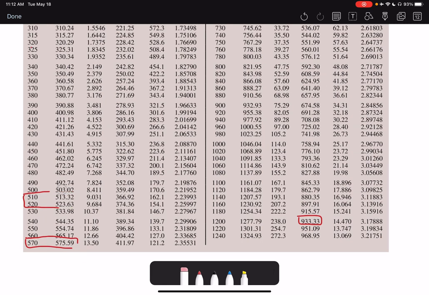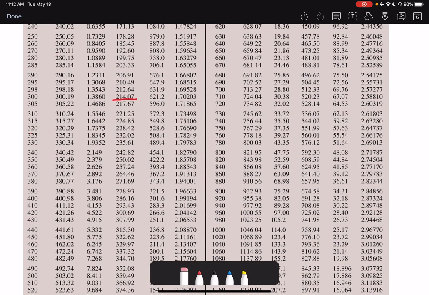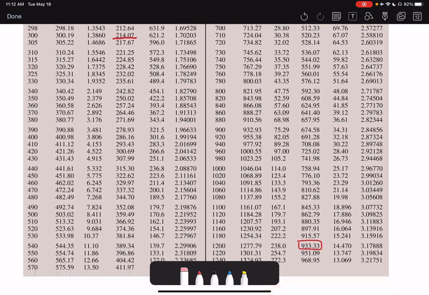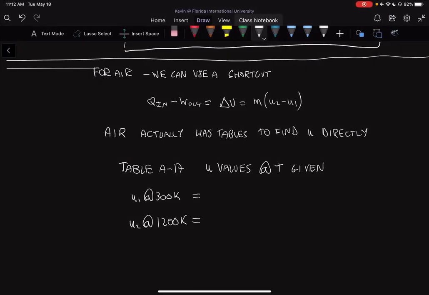Okay, so ignore these here, but the other U would be 933.33. So we have our two values, 214.07 kilojoules per kilogram and 933.33 kilojoules per kilogram.